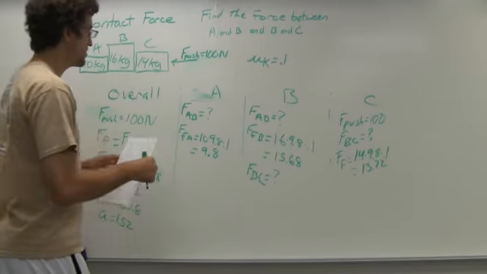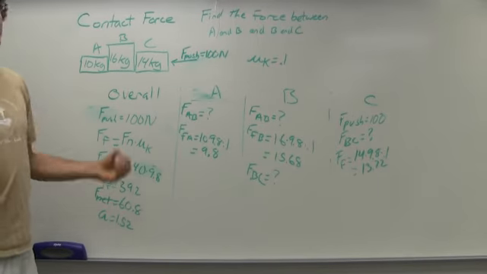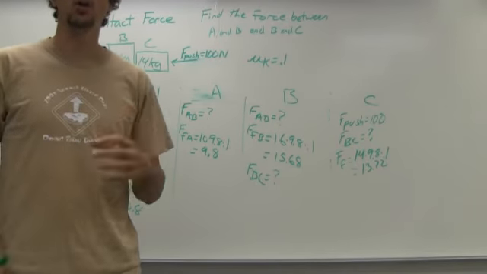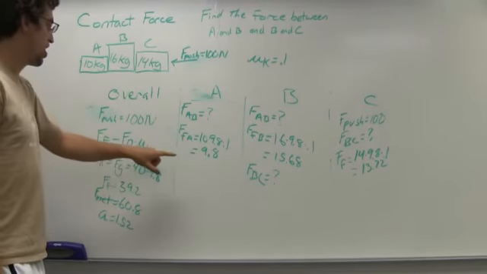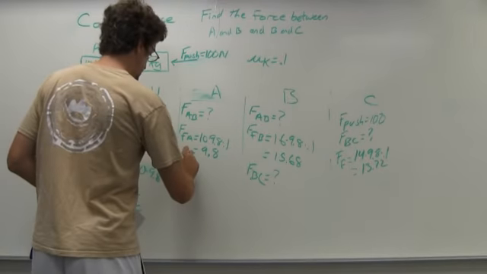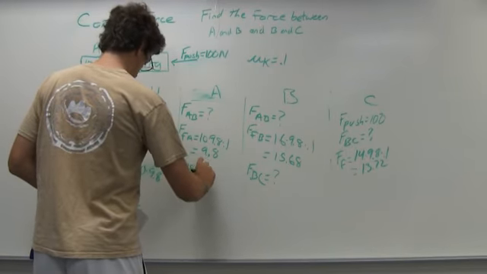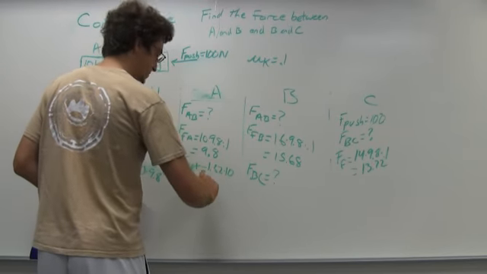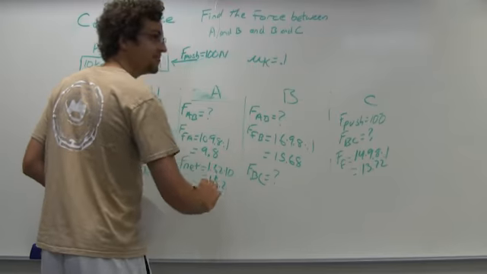Now, what's the one thing we say about any objects that are connected? They must have the same acceleration, otherwise they'd split apart. So that tells us that this one is going to have a net force of 1.52 times 10 or 15.2.